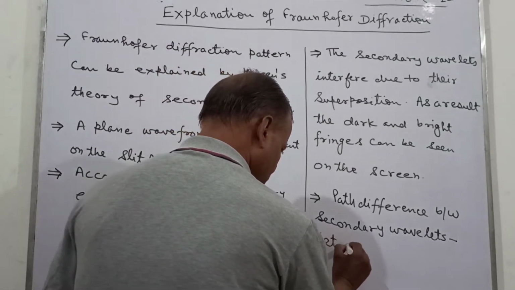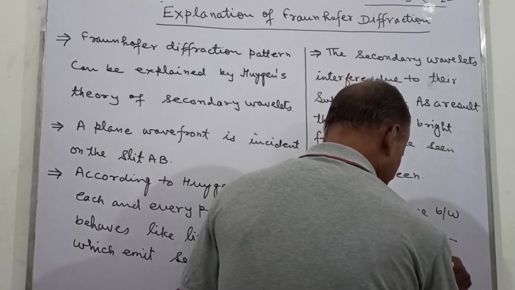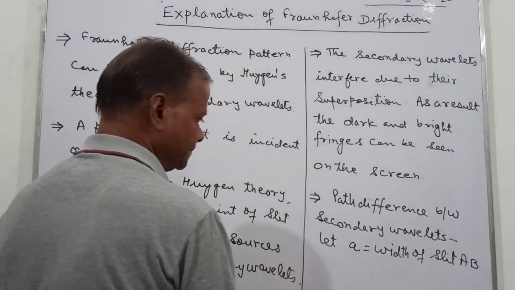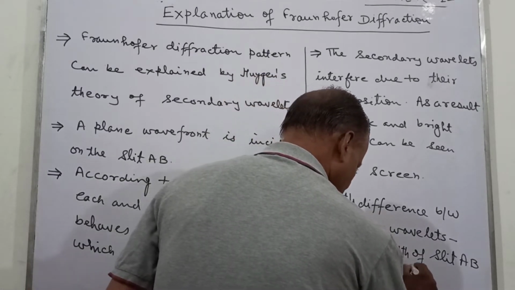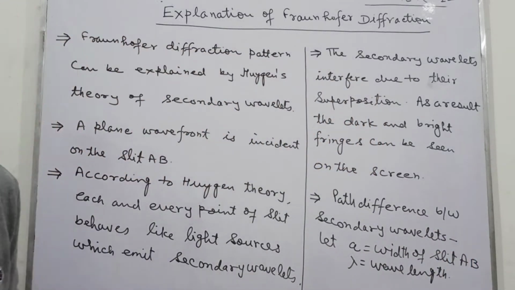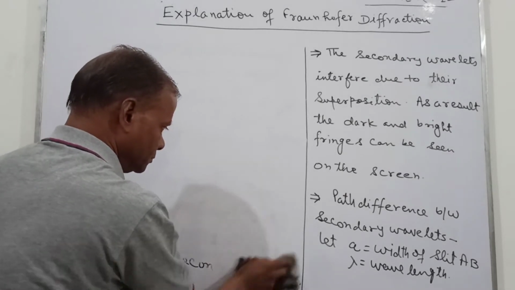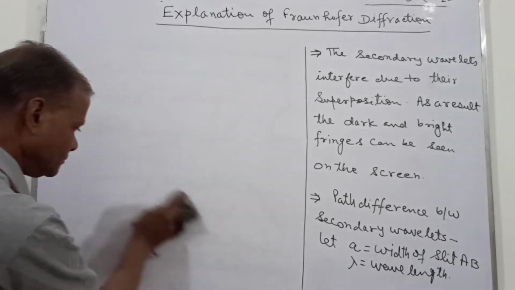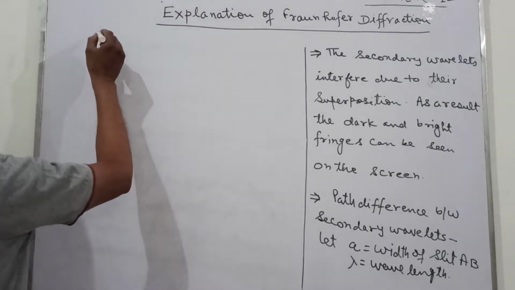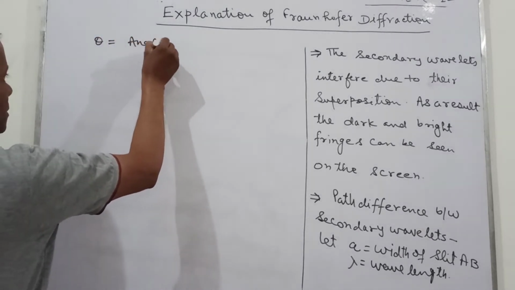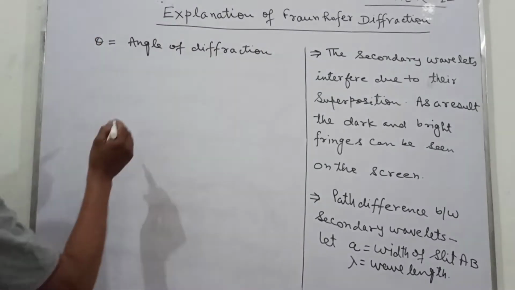Let a equal the width of the slit AB, lambda the wavelength, and theta the angle of diffraction.